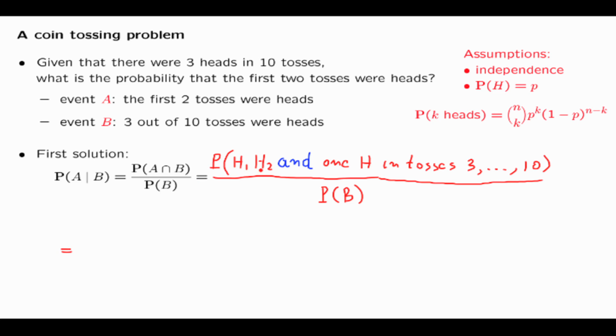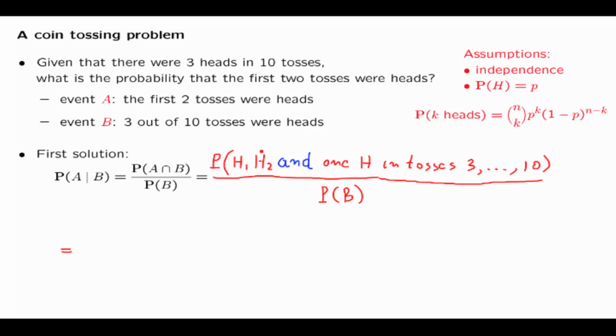We're talking about the probability of 2 events happening, that the first 2 tosses were heads, and that in tosses 3 up to 10 we had exactly one head. Here comes the independence assumption. Because the different tosses are independent, whatever happens in the first 2 tosses is independent from whatever happened in tosses 3 up to 10.